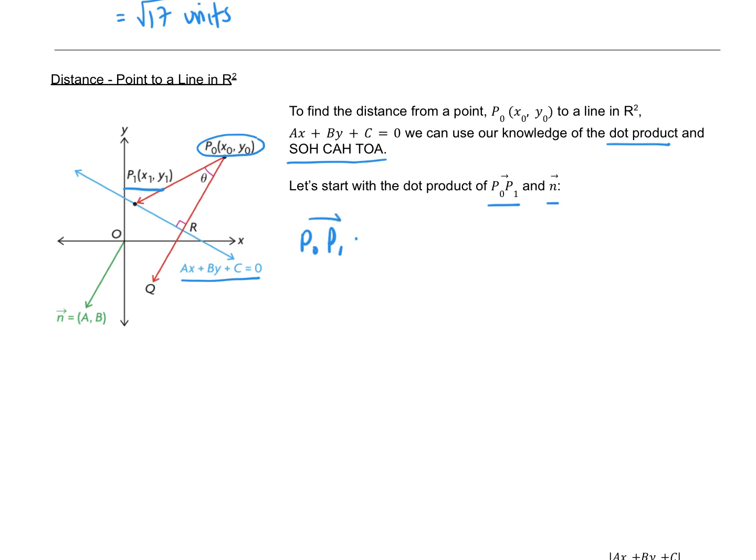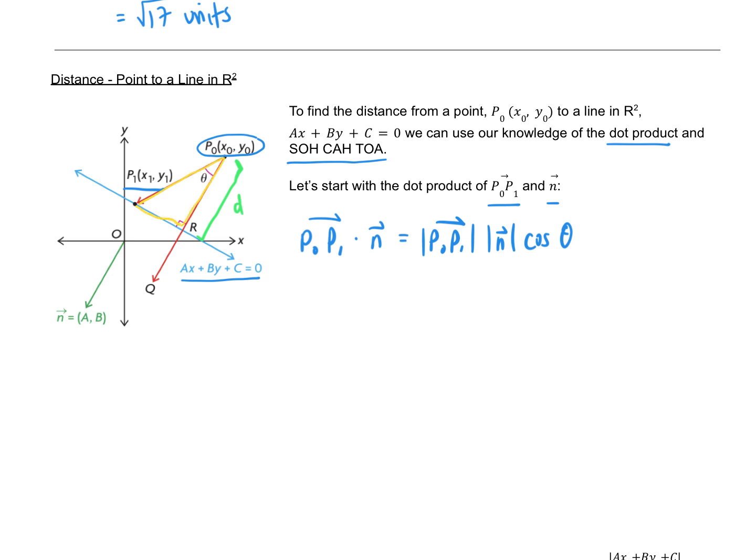And the dot product between these two vectors is equal to the magnitude of the vectors times cos of the angle between them. Now, the distance we want is this distance here. I'll label it D. And on the side, just thinking of SOHCAHTOA because we have a right triangle right here.